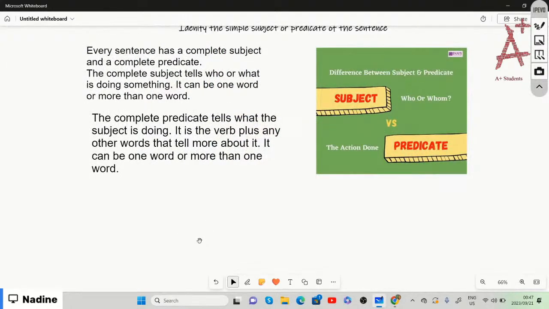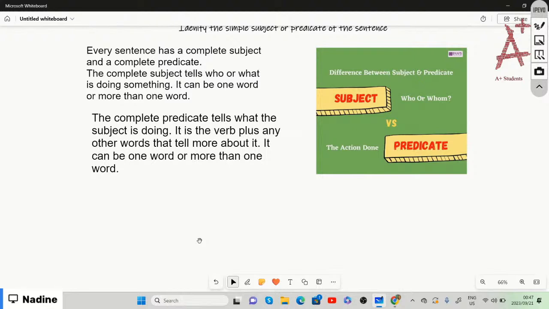All right, so we said that every sentence has a complete subject and a complete predicate. The complete subject tells us who or what is doing something. It can be one word or more than one word. And a complete predicate tells us what the subject is doing.